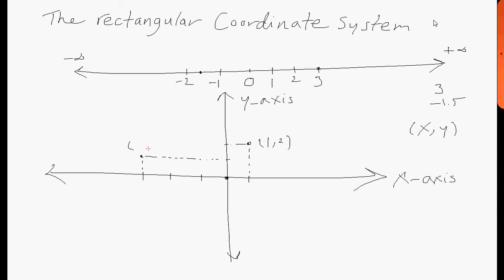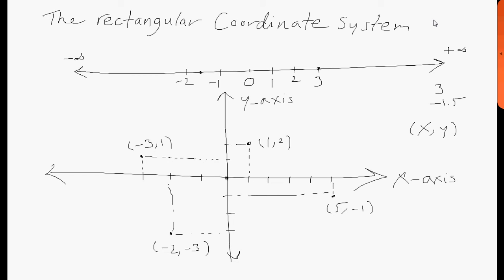Or if I move 1, 2, 3 units to the left and 1 unit up, then I reach the point -3 and 1. If I move 2 to the left and 3 down, I reach the point -2 and -3. And if I move 1, 2, 3, 4, 5 to the right and 1 down, I reach the point 5 and -1.